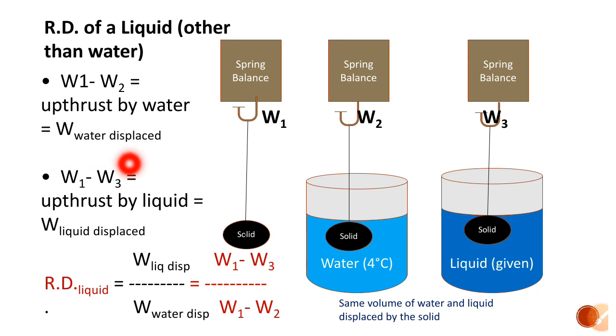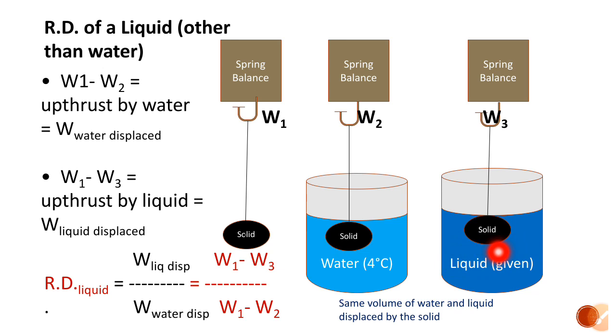And see here W1 minus W3, you can see this one is W3. So W3 means what? We are taking W1 as the actual weight of the solid, W2 is the weight when the solid is taken inside water at 4 degrees Celsius, and W3 is another weight when the solid is taken inside a liquid, the liquid for which we have to calculate the relative density.